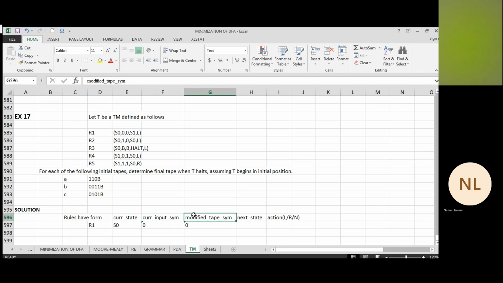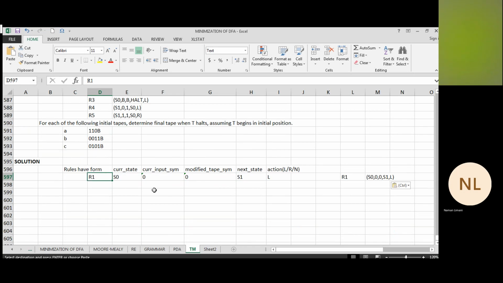So instead of modified, if you want to write tape symbol, you can do so. Next state it is giving is S1, action performed is move to left by 1 cell. This is what is interpreted likewise.